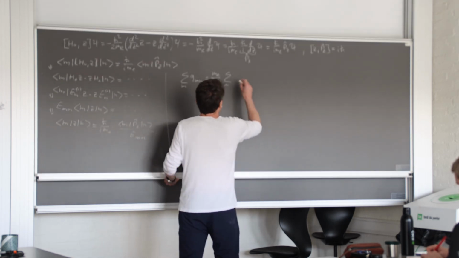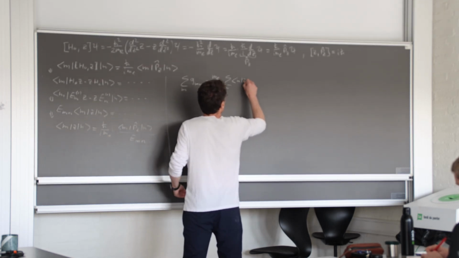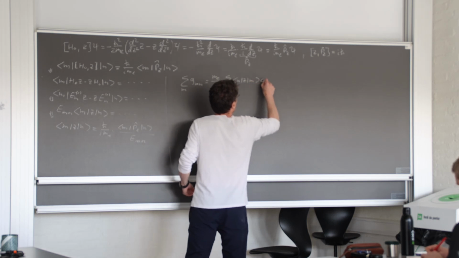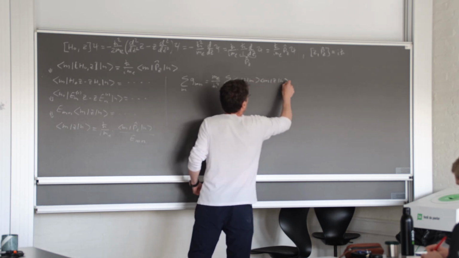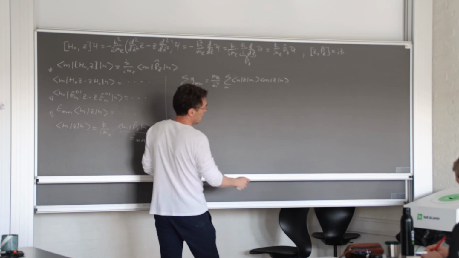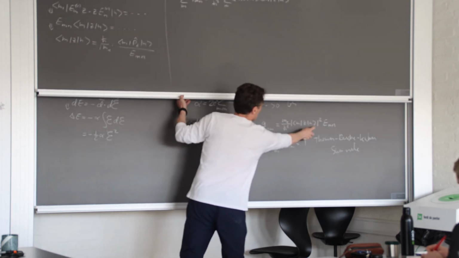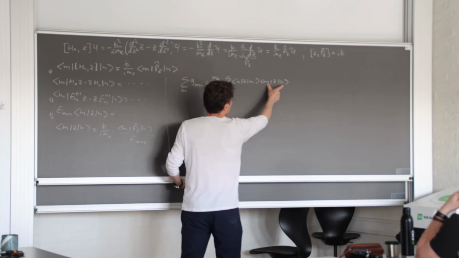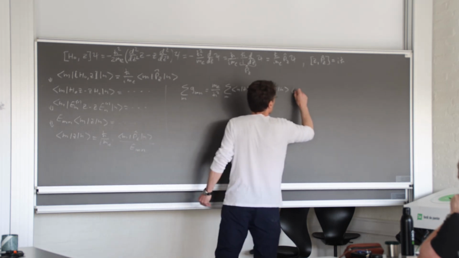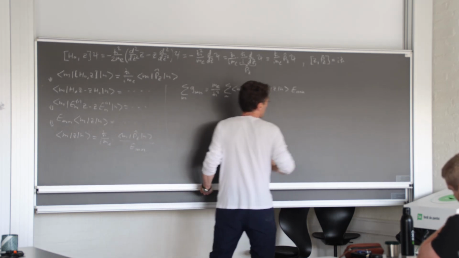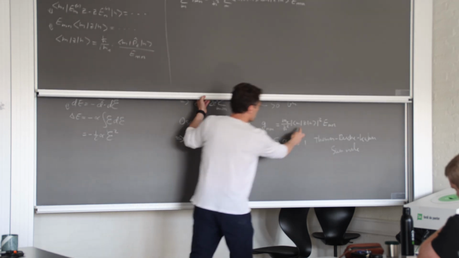But maybe I will already now write that out in this way, because it's the absolute square, right? So I have this term times its conjugate, and then still Emn. That's what it says here.